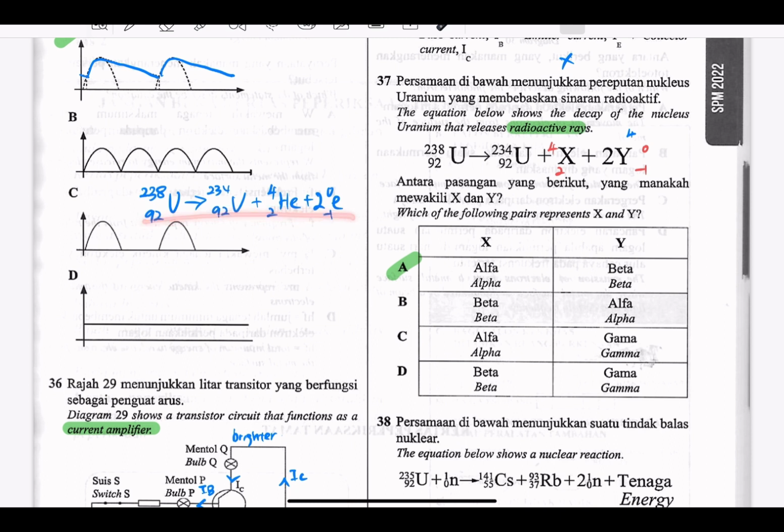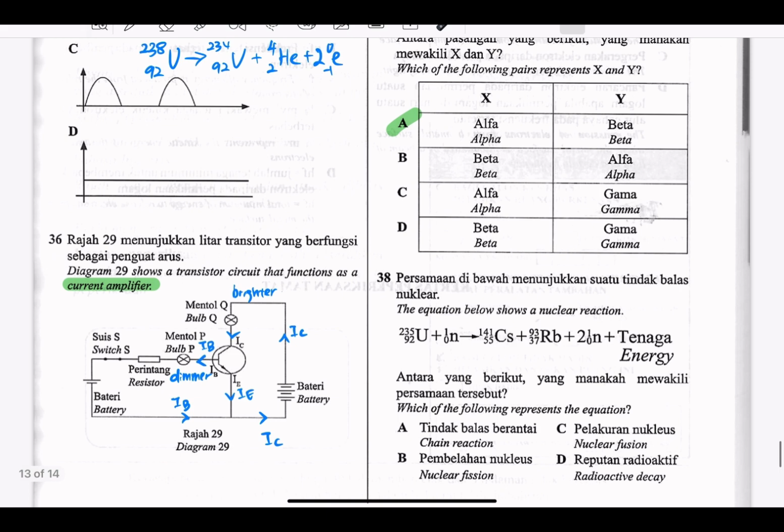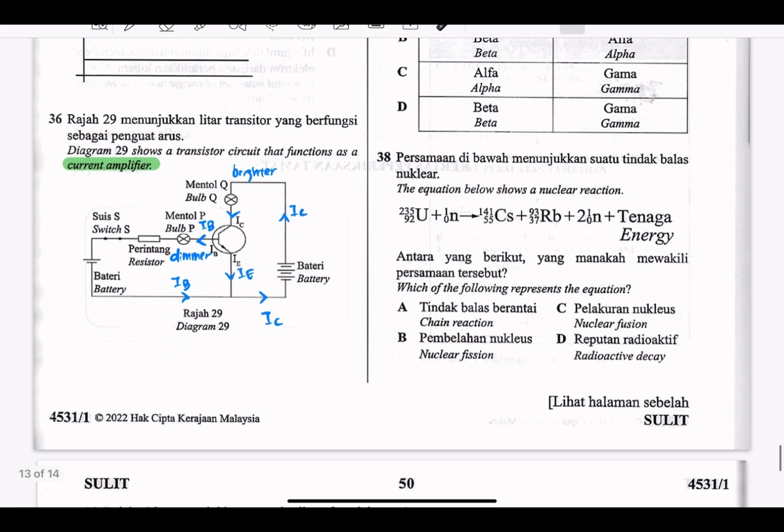So the proton number balances: 92 will be equal to 92 plus 2 minus 2, that is 2 times -1, -2. For the nucleon number balance also, 238 will be equal to 234 plus 4. Just balance it like your chemical equation.